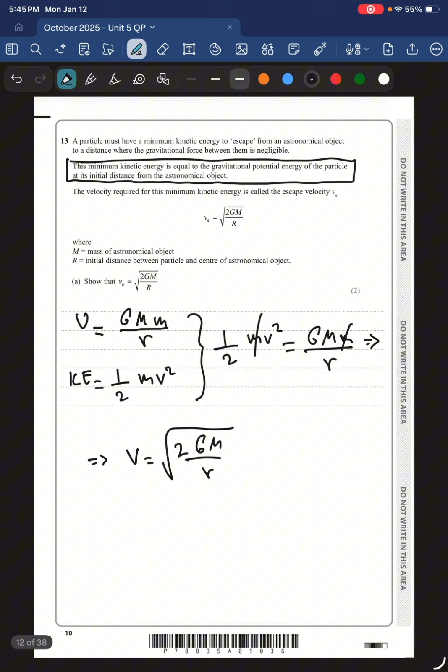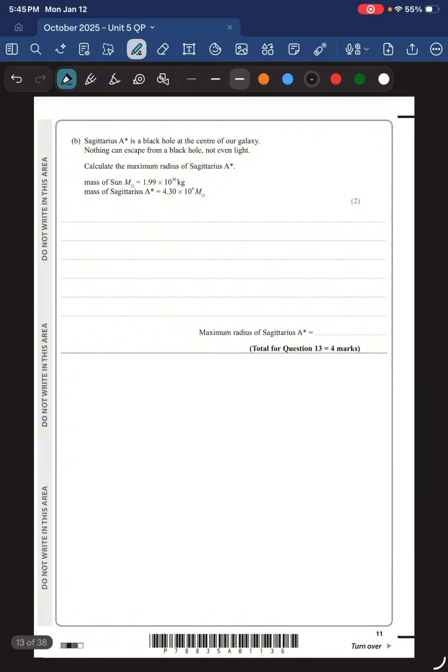We can use this formula: the escape velocity is the square root of 2GM over r. But we need to find r, the radius of this black hole.